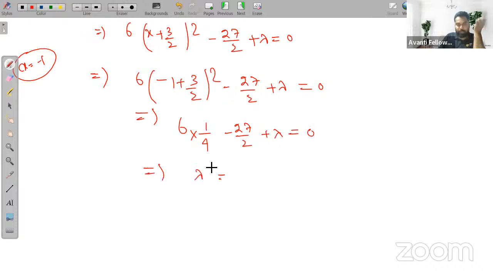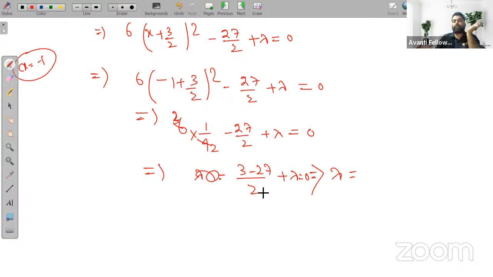Then lambda is equal to, this becomes 3, 2. So this becomes 2, 3 minus 24, 7 plus 7. That is lambda becomes 24 minus 24 by 2, that is minus 12. So lambda becomes minus 12. Yes, is it? Is it minus 12? I think it should be 12.